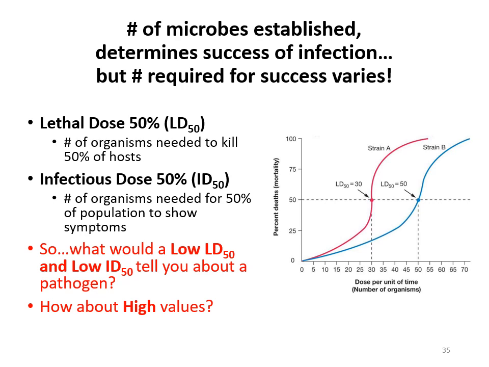So for the first question that I have highlighted in red, this one here, a low LD50 and/or a low ID50 tells you the pathogen is very virulent. Okay, so for this one, write very virulent. Whereas a high value would tell you not very virulent. Okay, low virulence, not a strong pathogen.